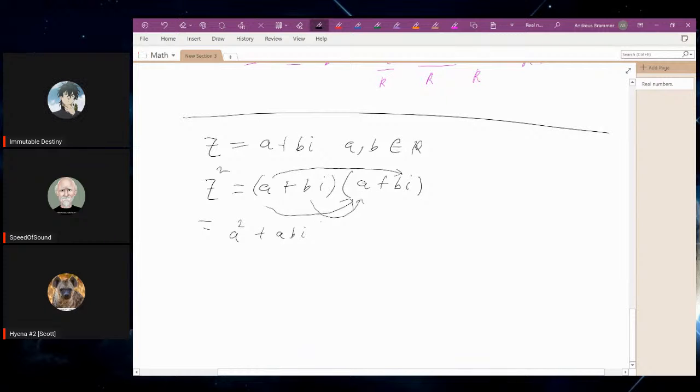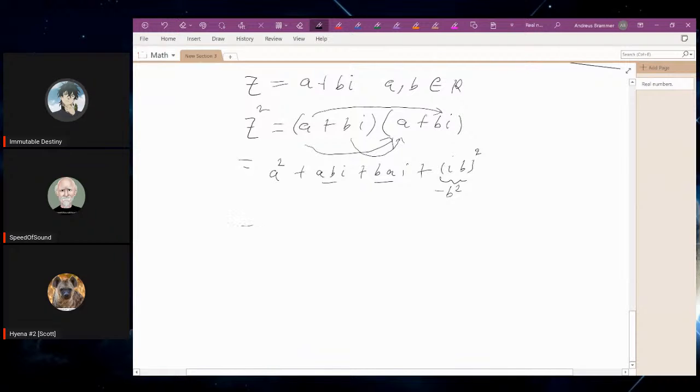So plus bai, which is the same, these two are the same, plus i times b squared. Okay, beautiful. Now, i times i is -1, and so this is actually negative b squared.